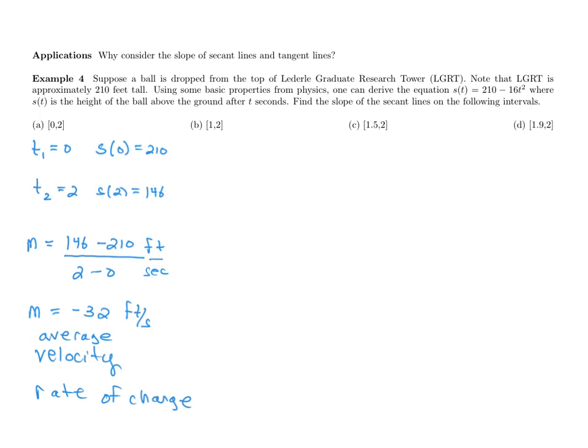So the average speed of the ball was 32 feet per second over the course of this 2-second interval, and the negative just means it was moving downward. So what's our application? If you find the slope of a secant line, you're finding a rate of change. And for a secant line, it's an average rate of change.